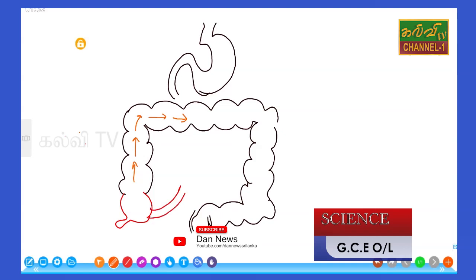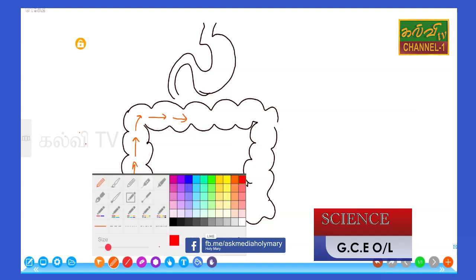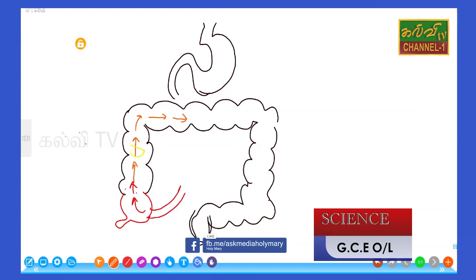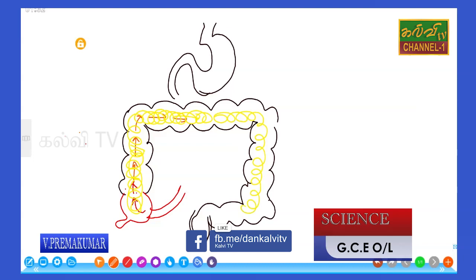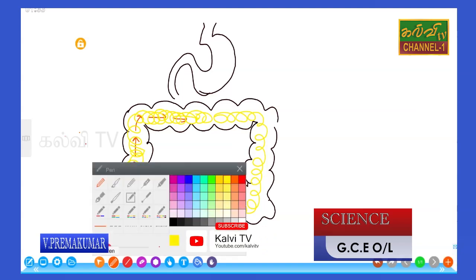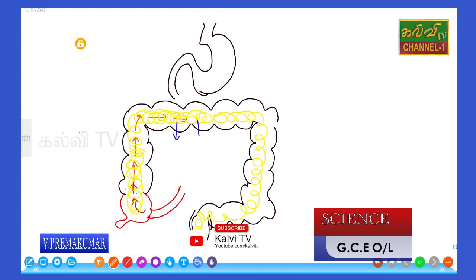When the food enters here from the small intestine, this is fecal matter. In this subject we call it fecal matter. Fecal matter can move through the large intestine. But mainly what function occurs in the large intestine?